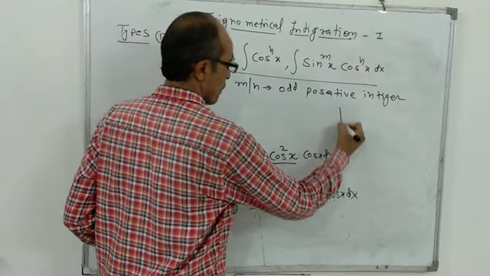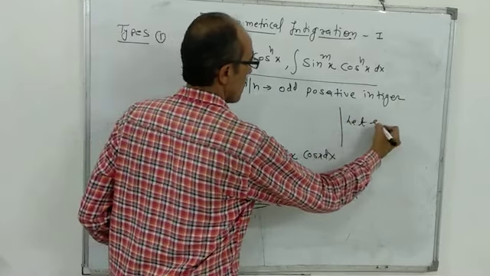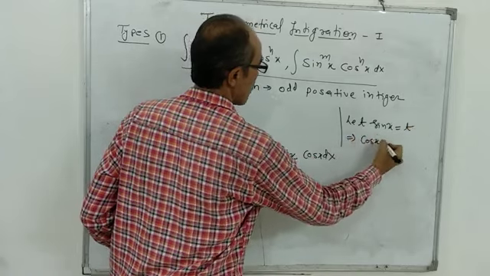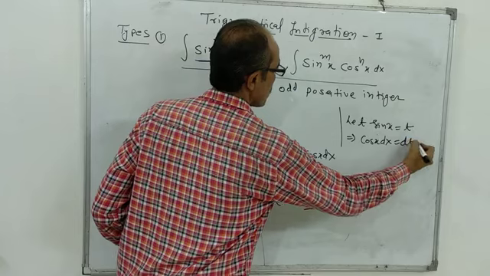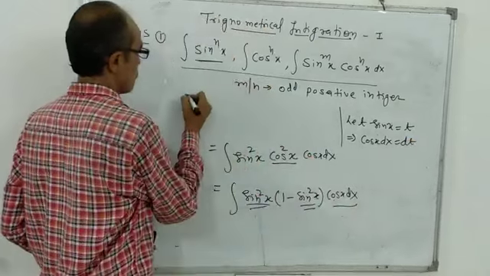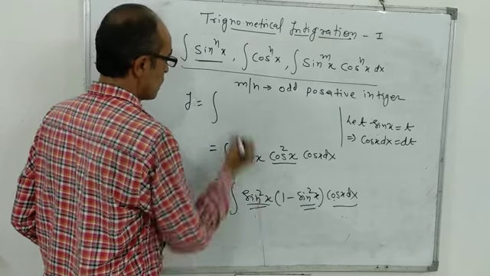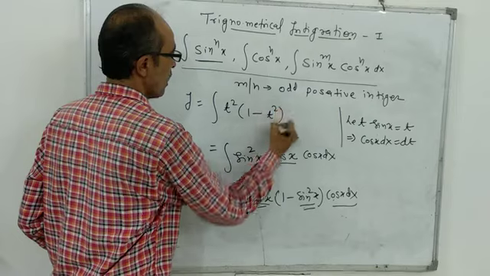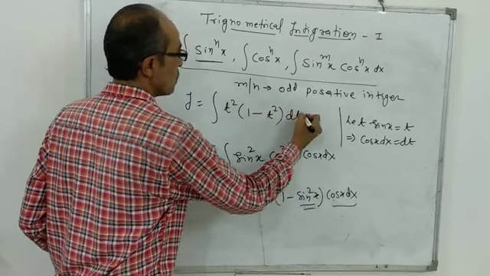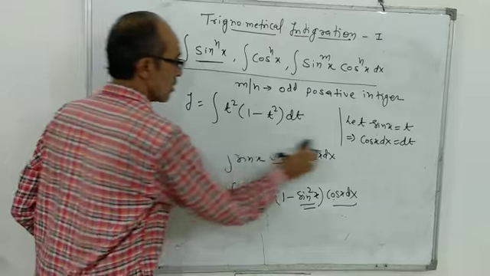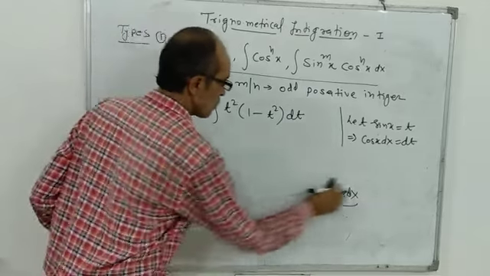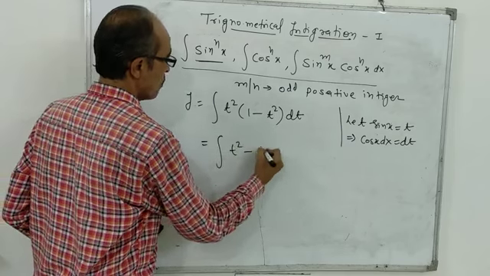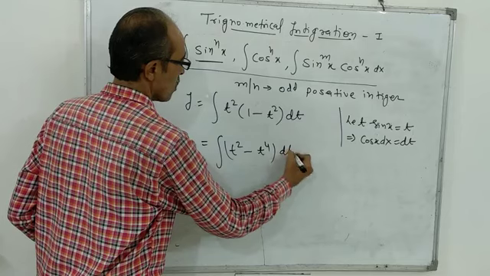The next step is: let sin x equal t and the derivative cos x dx equal dt. The integral I is t square times 1 minus t square, and cos x dx changes into dt, and the solution is the integral of t square minus t^4 dt.